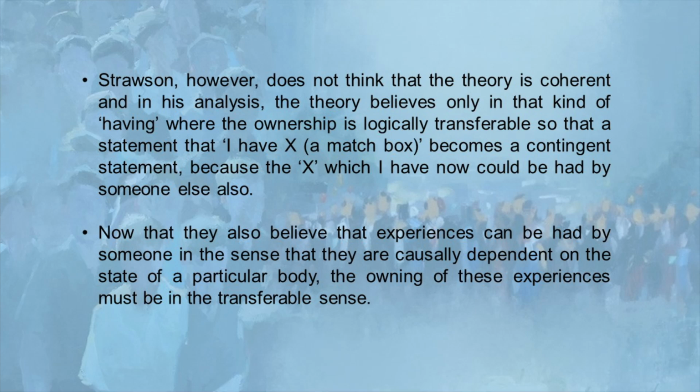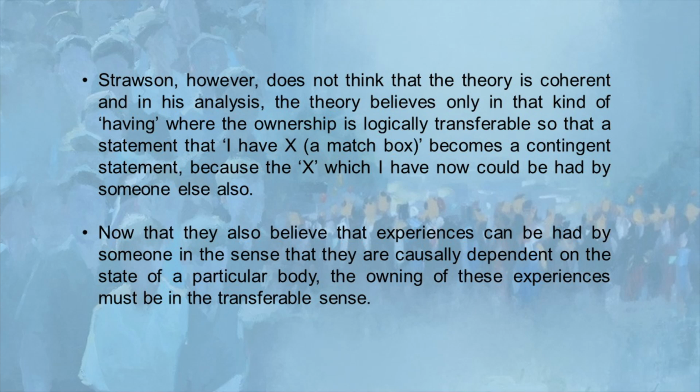In his analysis, the theory believes only in that kind of having where the ownership is logically transferable, so that the statement that I have X matchbox becomes a contingent statement, because the X which I have now could be had by someone else also. Now they also believe that experiences can be had by someone in the sense that they are causally dependent on the state of a particular body.